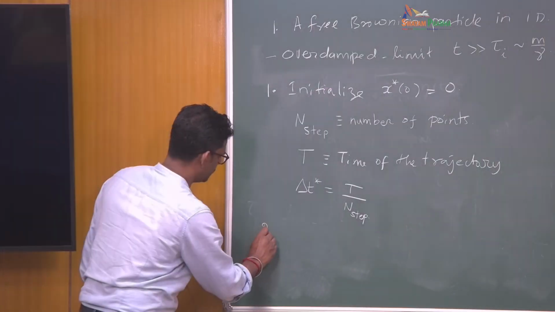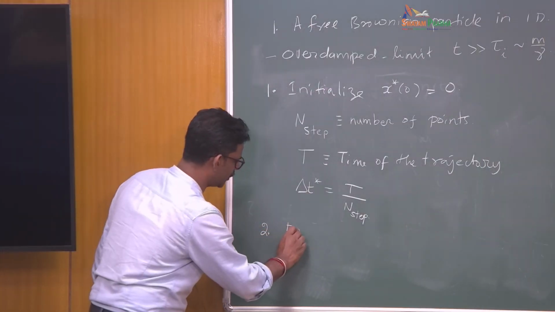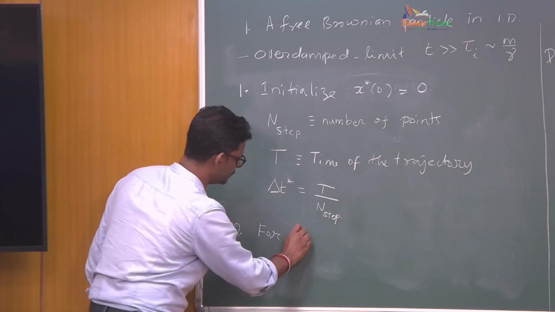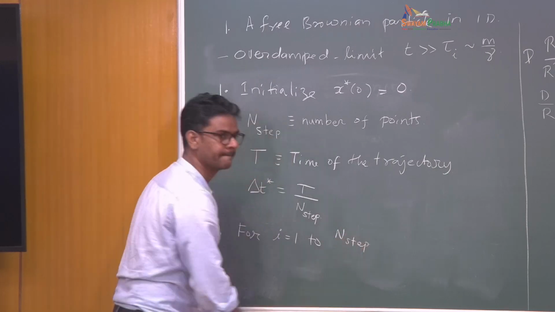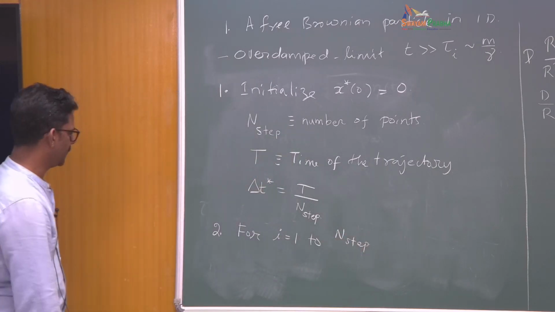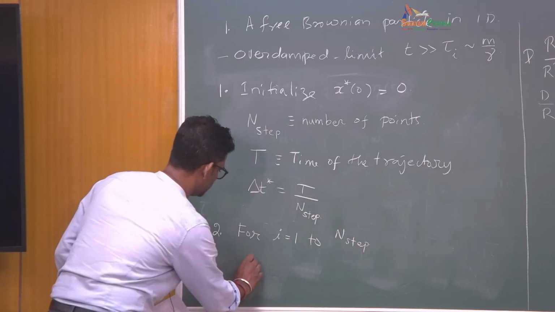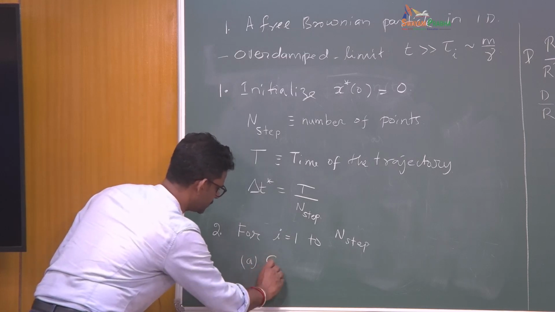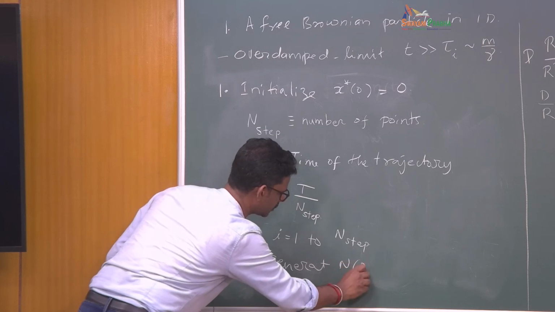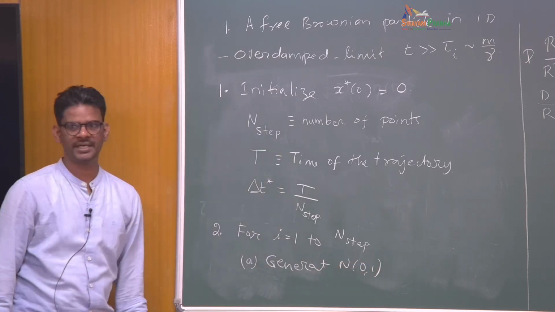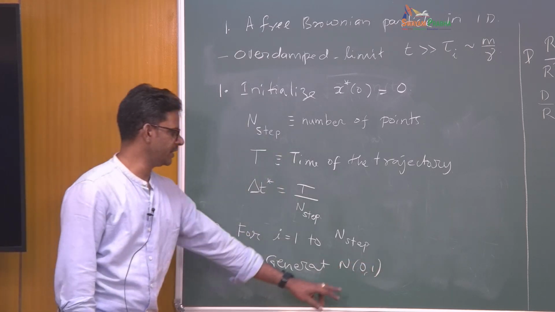Now in the second step, you run a for loop for i equal to 1 to n step. You first generate a normal random variable with 0 mean and unit variance.